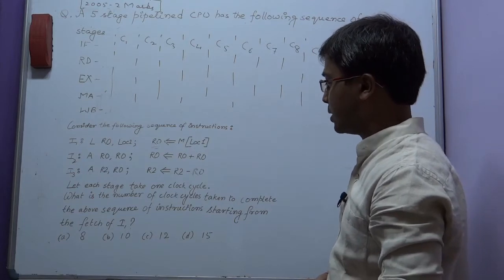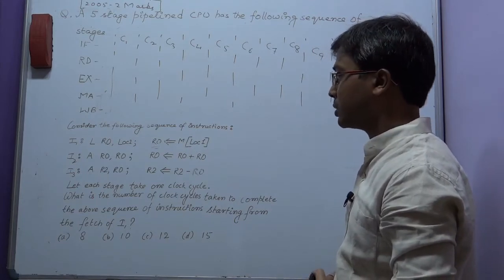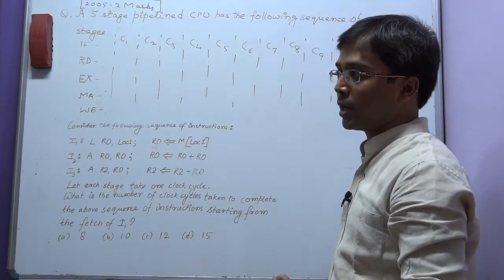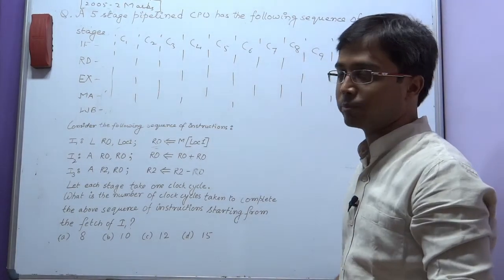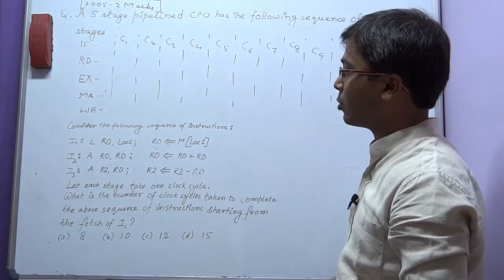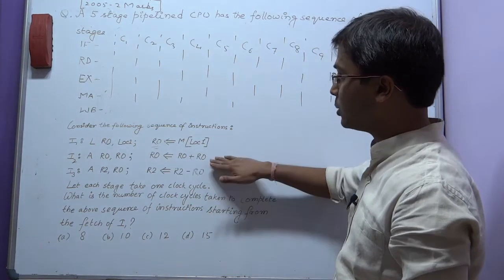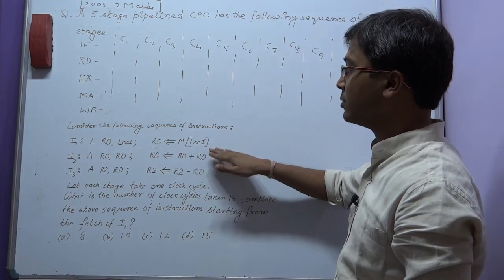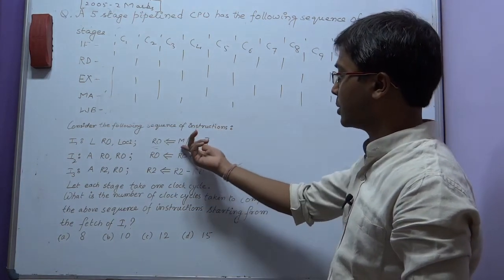So when I say using operand forwarding, what is the difference between the case where we use operand forwarding and we don't use operand forwarding? If we use operand forwarding, the consumer instruction, meaning the instruction that is consuming the value produced by a producer instruction, comes into play.